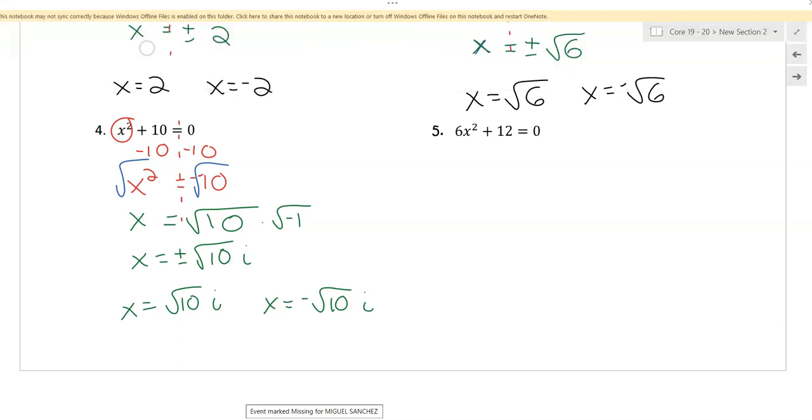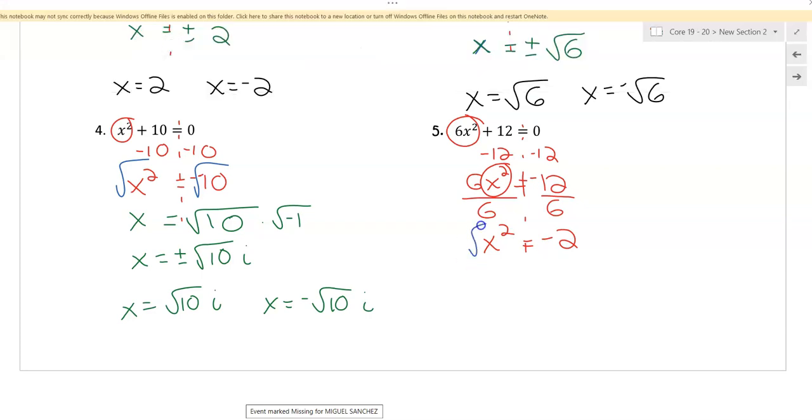All right, number 5, 6x squared plus 12 equals 0. So subtract 12. We have 6x squared equals negative 12. Again, same thing. This x squared is really what's being squared here, so then I have to divide by 6. So we get x squared equals negative 2.